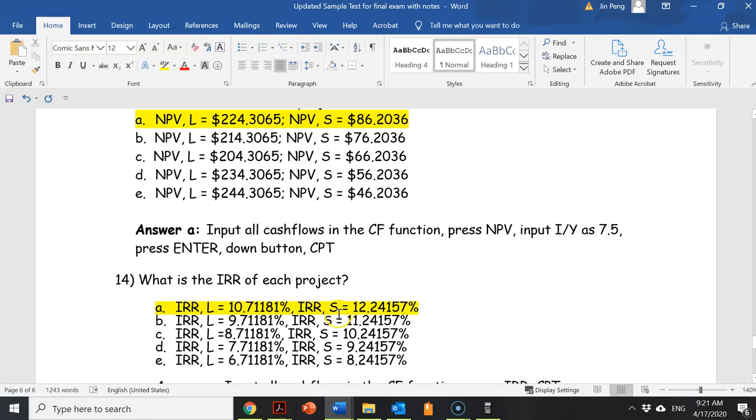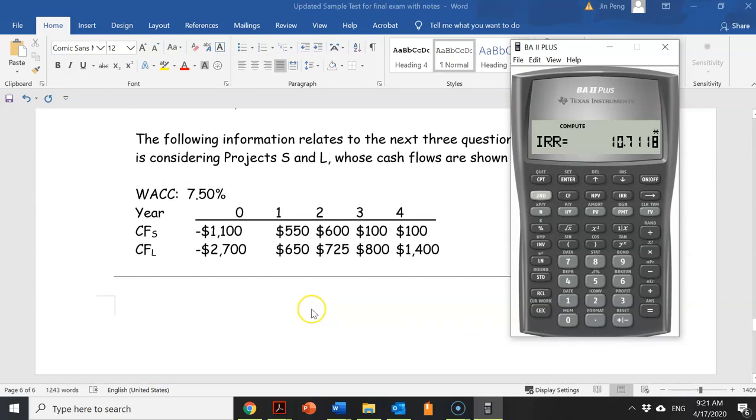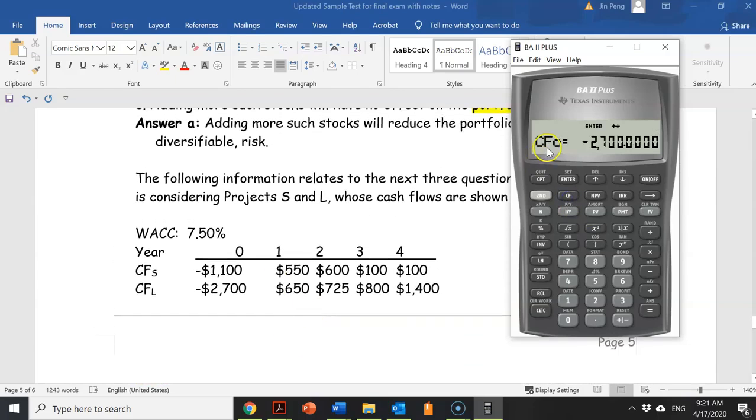I want to double check using project S, so I have to change all the cash flows to the cash flow of S and press IRR. So let me input cash flow 0 as negative 1100, enter. Cash flow 1 as 550, enter.